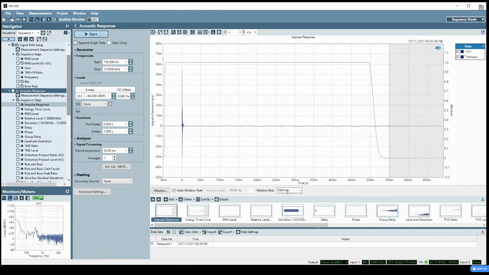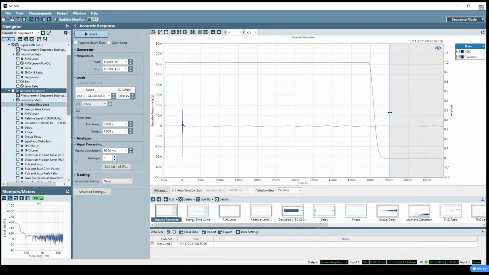So here we have our time window control. I'll leave the start as automatic, and our window end is at 550 milliseconds.